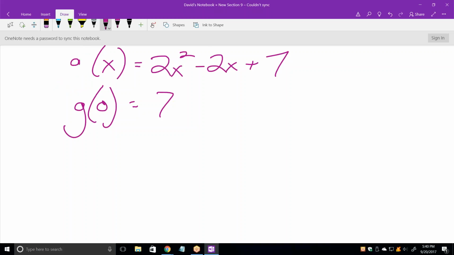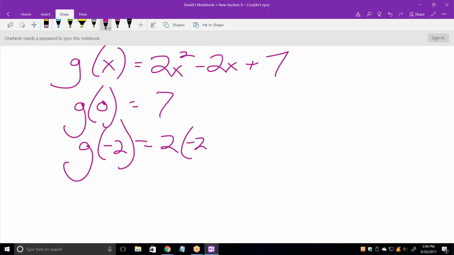Okay, the next one is g of negative 2. Okay, what's that going to be? It's going to be g of negative 2 equals. Rather than trying to do that in one step, let's do this and then simplify. The reason is there's a lot of negative signs here. And the worst thing you can do in algebra is drop a negative sign. Now simplify.